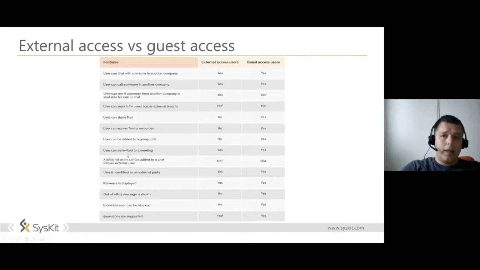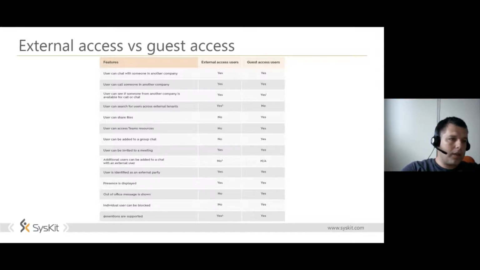Okay, let's see what the differences are between external access and guest access. I put together a table where you can check this. Of course, these slides will be shared with you later on, so there is no need to screenshot or take notes about this. In the table you can see what external access users can do versus guest users.